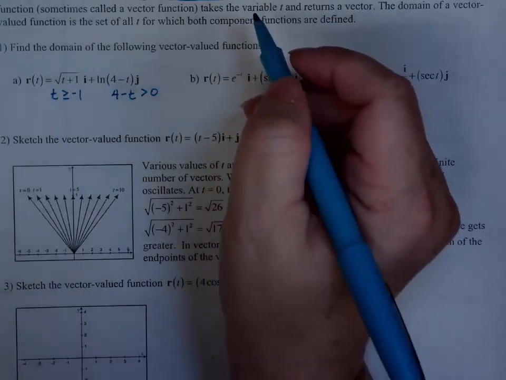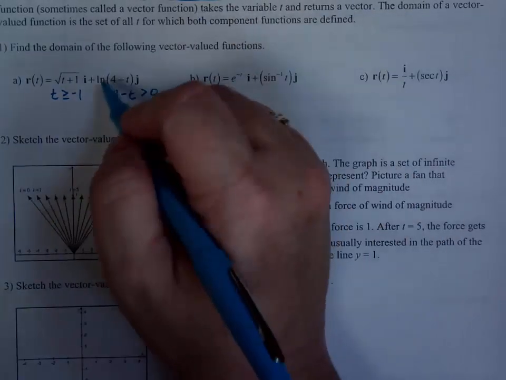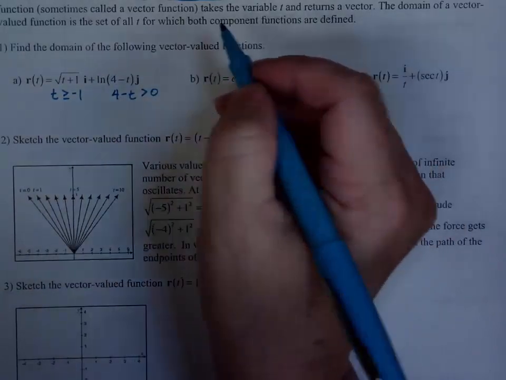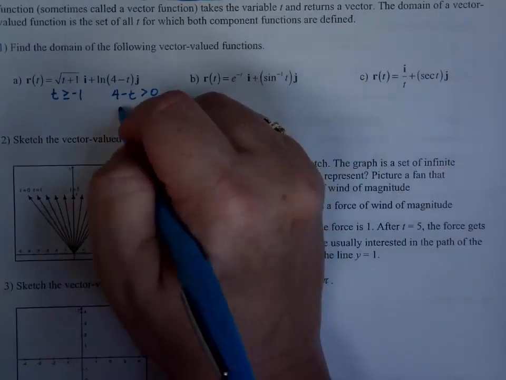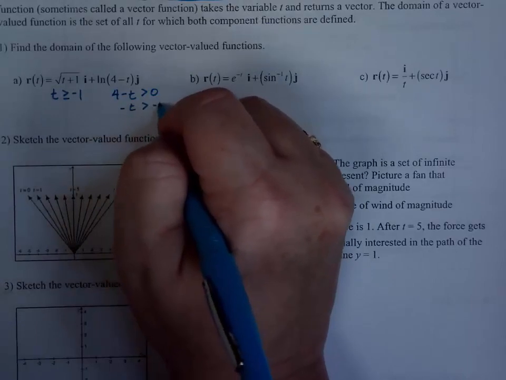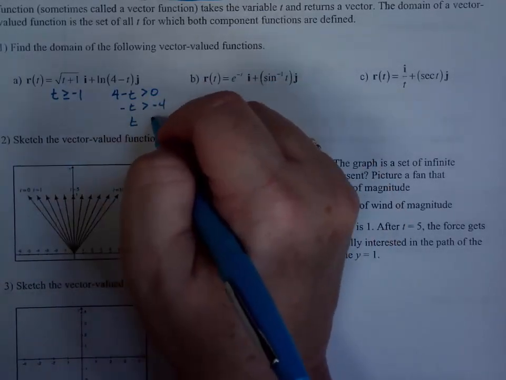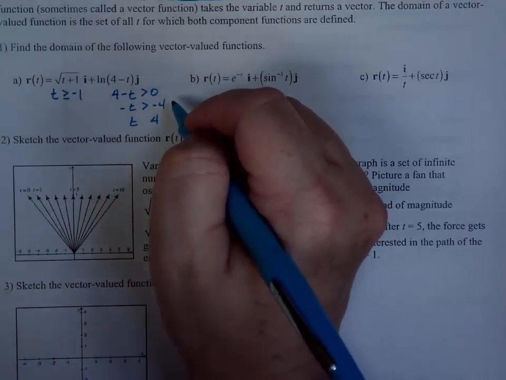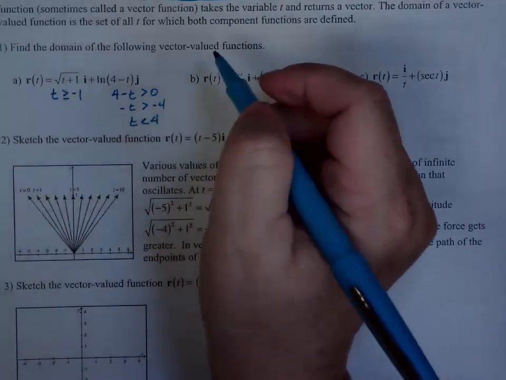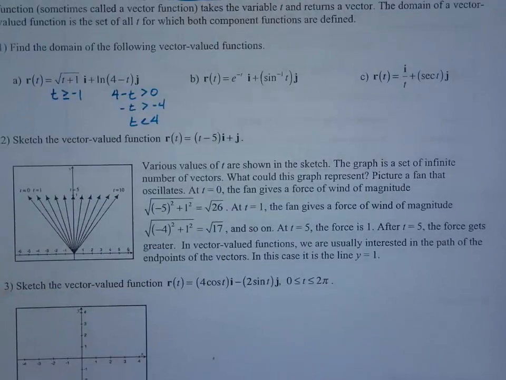And this way I can find the domain very quickly. What's inside the ln has to be bigger than 0. So if I move the 4 over, I get -t is greater than -4. If I divide by -1, what do I need to remember? Flip the sign. So t is less than 4. Anything less than 4 will work. 4 will not work because that will return a 0, and I can't have the ln of 0.